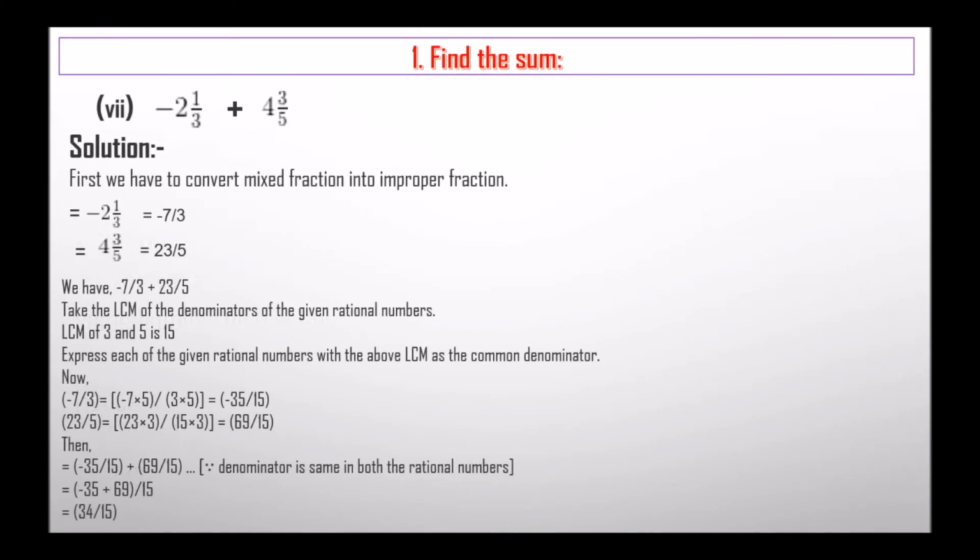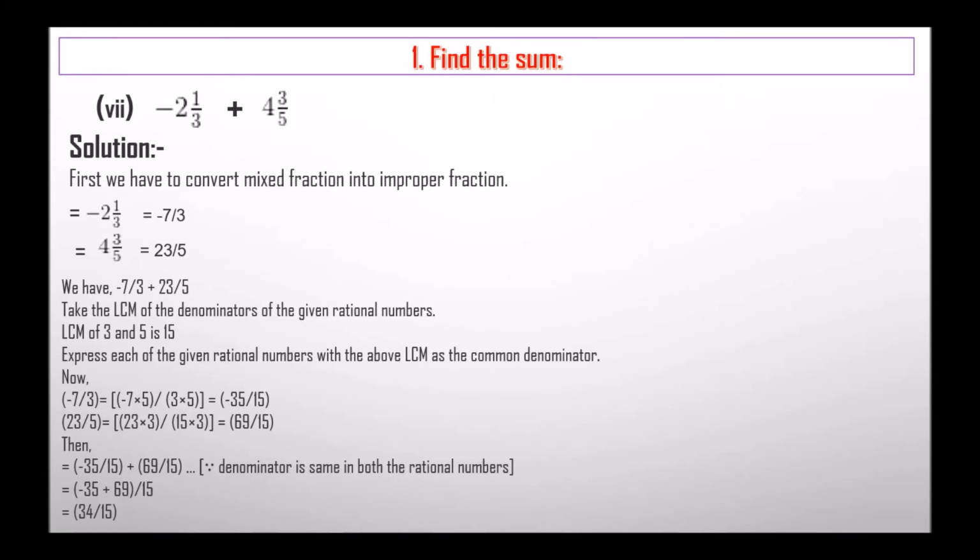Next, minus 2 and 1 by 3 plus 4 and 3 by 5. First we will convert the mixed fraction into improper fraction. So minus 2 and 1 by 3 will become minus 7 upon 3 and 4 and 3 by 5 will become 23 upon 5. Now we will add them. The denominators are different, so we will take the LCM of 3 and 5, that is 15.